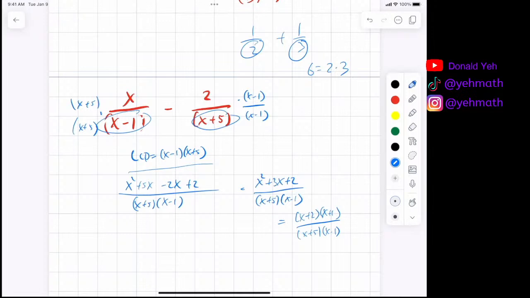So that means on the left side, I need an x plus 5 over x plus 5. On the right side, I need an x minus 1 over x minus 1. Because when you multiply by 1, you're not changing the fraction. And this is 1. This is 1. You're not changing the fraction, you're changing the way it looks.